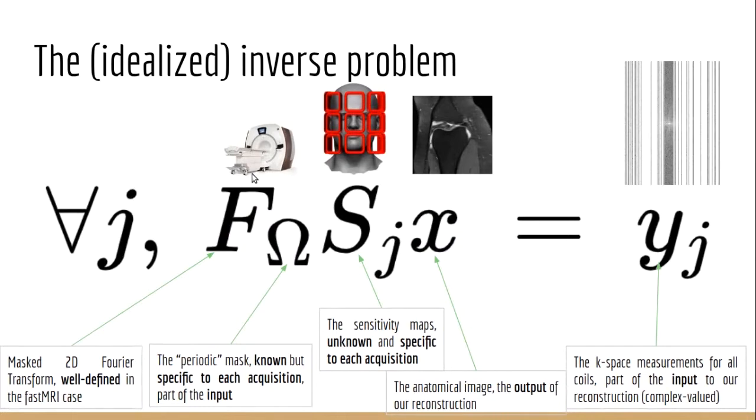Then the measurement is actually acquired in the Fourier space of the image. So this means that we are not going to project the image like in Emily's situation. We are here rather going to take the Fourier transform of the image, and we are going to take the undersampled Fourier transform of the image.